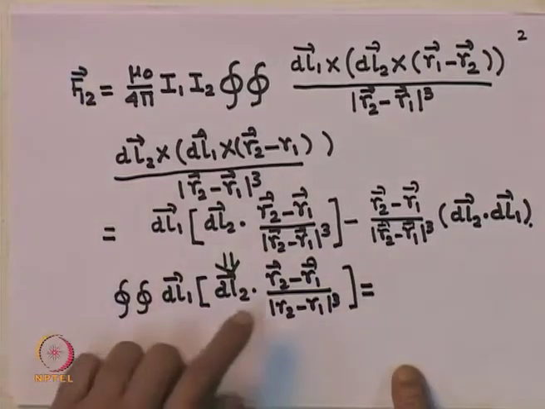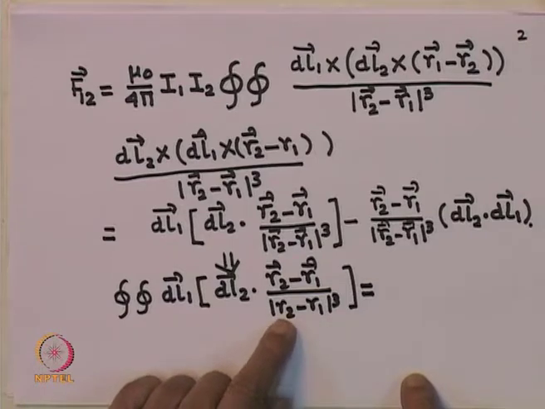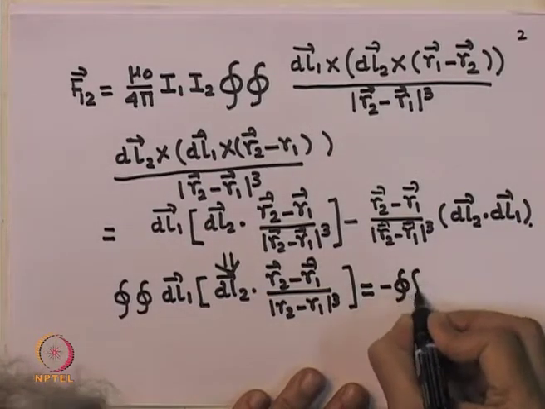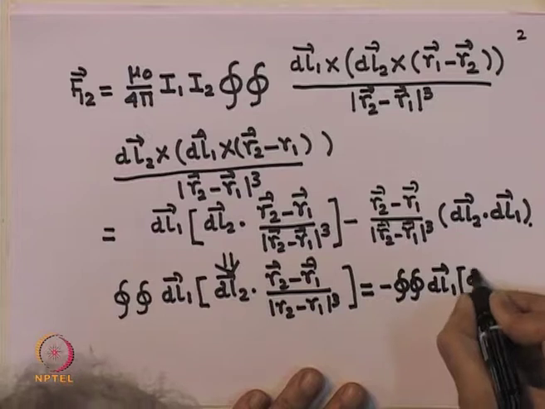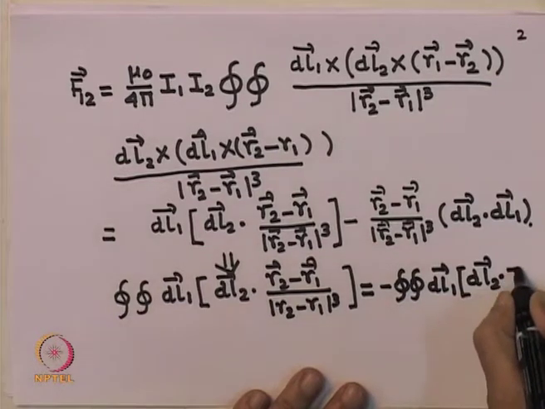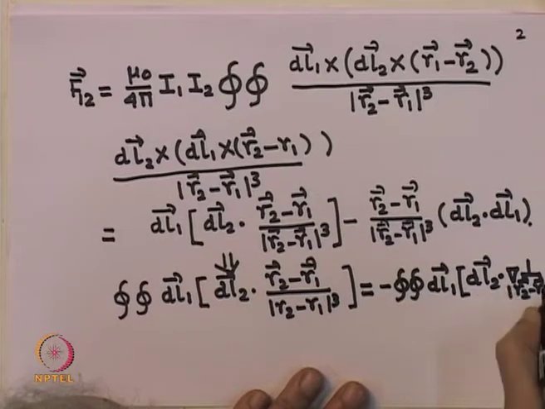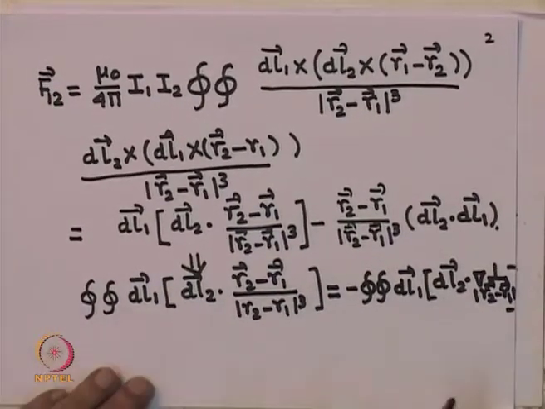Now, notice this (R2 minus R1) by |R2 minus R1| cubed is nothing but the gradient of 1 over |R2 minus R1|, but because the gradient will give me a minus sign, I write this as minus double integral dL1 times dL2 dotted with grad of 1 over |R2 minus R1|. Okay. So, basically what I have got is this.